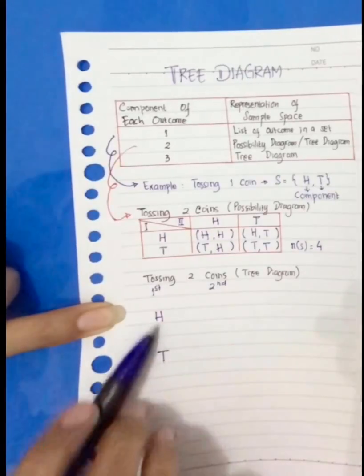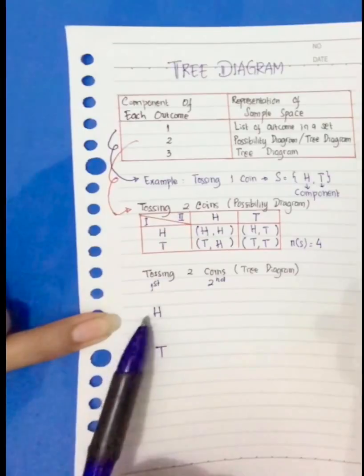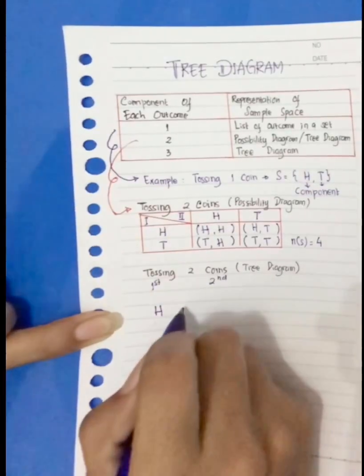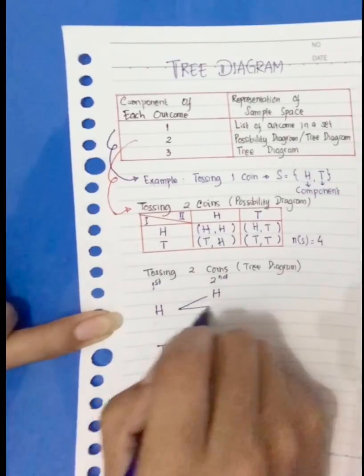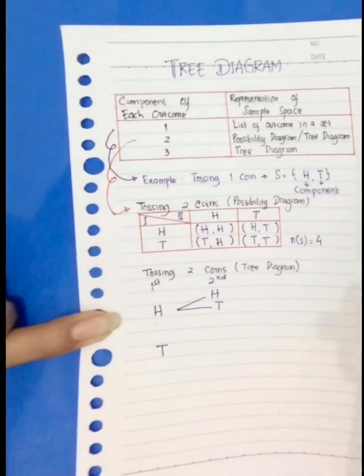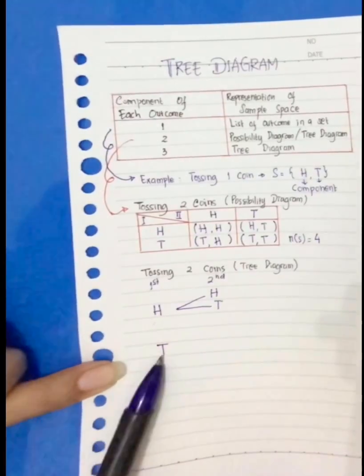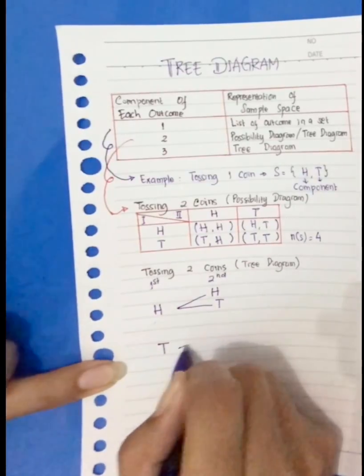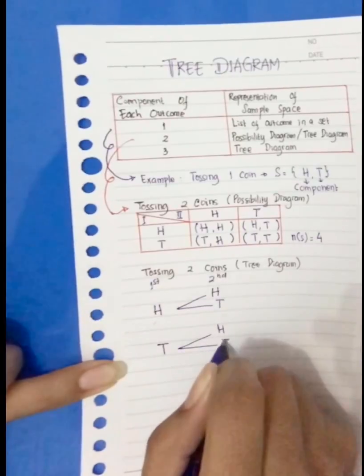So just give space. For the second coin, if for the first coin we get head, what is the possible outcome for the second coin? Of course, it can be head or tail. If for the first coin we get tail, what is the possible outcome for the second coin? Again, it can be head or tail.